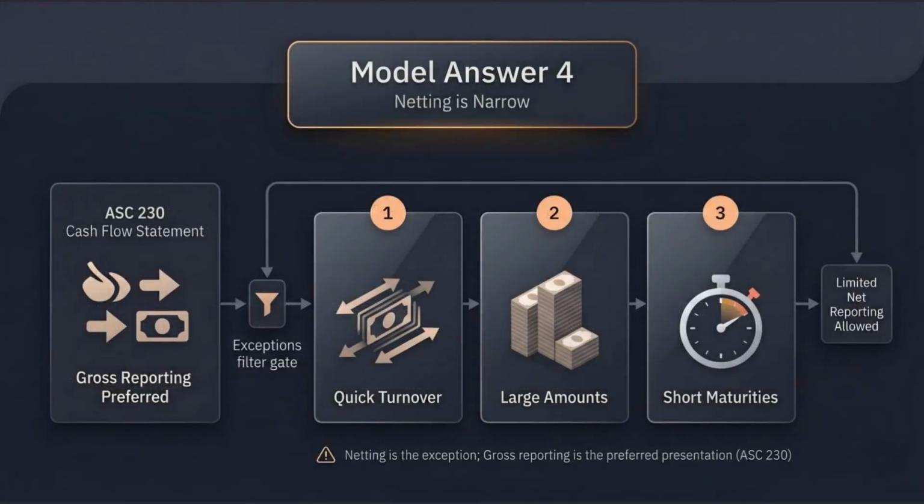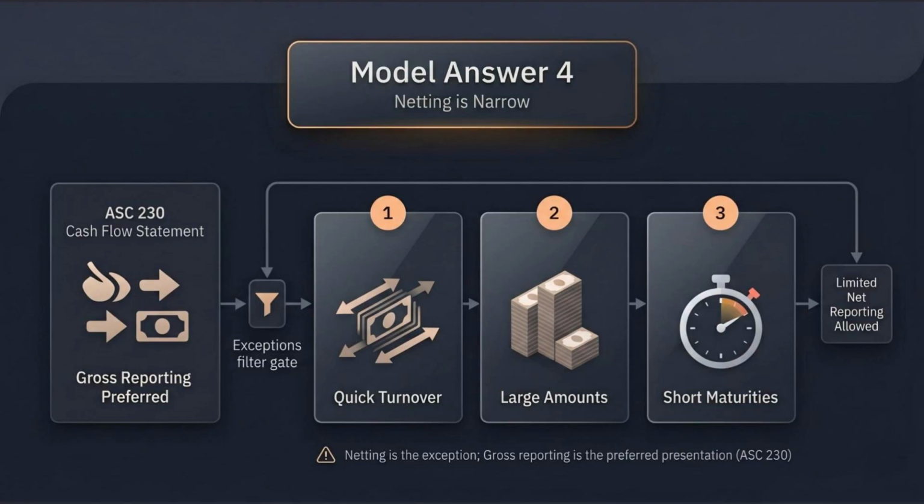Here is the model answer. ASC 230 emphasizes gross reporting because it gives users a clearer view of the volume, scale, and nature of cash receipts and payments. Netting can hide large inflows and large outflows behind a small net number.